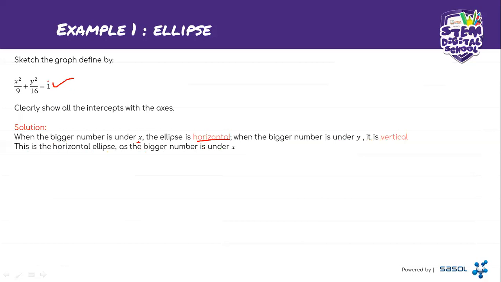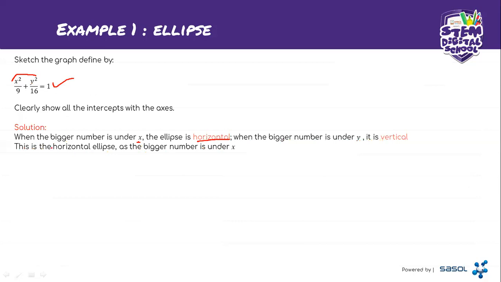Now, let us come to the equation that we're having here. Which number is bigger? It's under y. When the bigger number is under y, it is vertical, right?